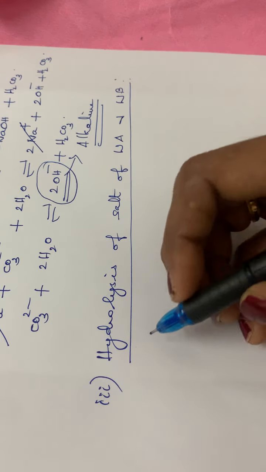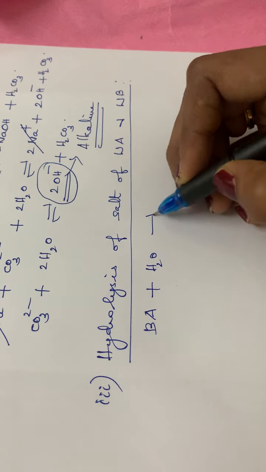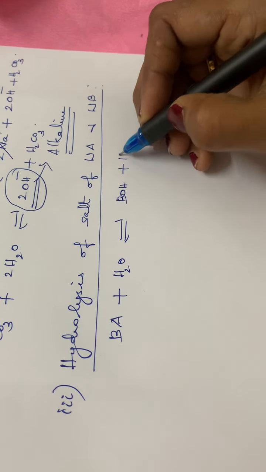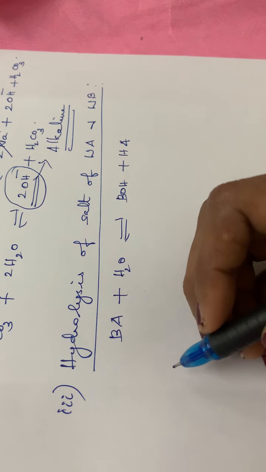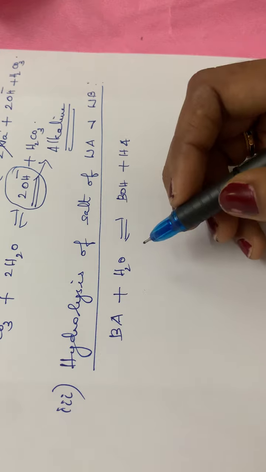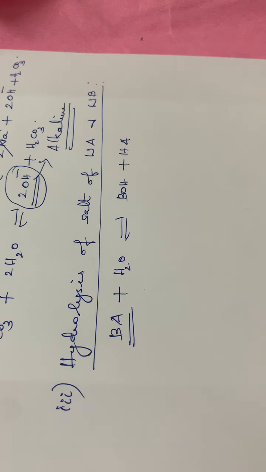So here we can consider the salt BA plus H2O will be ionizing as BOH plus HA. So see here, both the acid and base are not completely dissociated, isn't it? So only the salt will be completely dissociated.